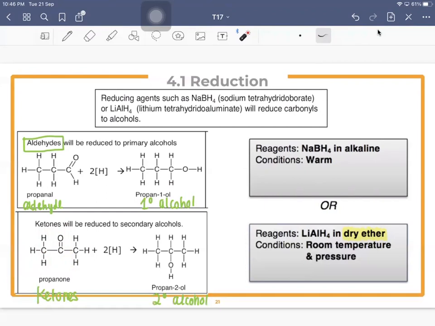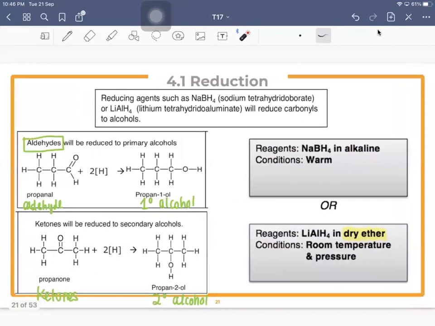Okay, but if you want to name it as propan-2-one, you can. It's not wrong, but it's not usually named with that. However, if you have butanone, because the C double bond O can be in the second position, you will call it butan-2-one.